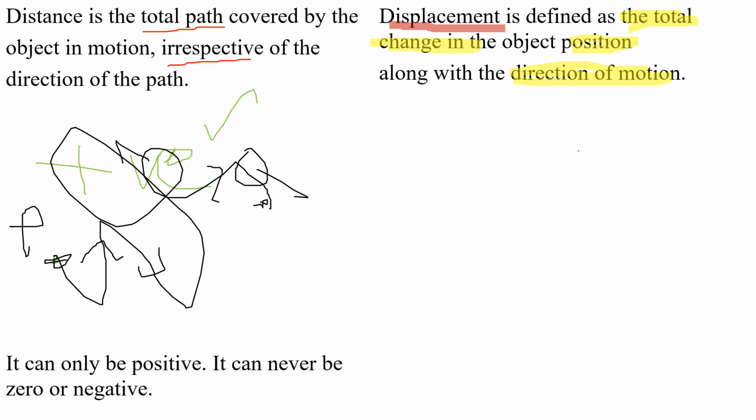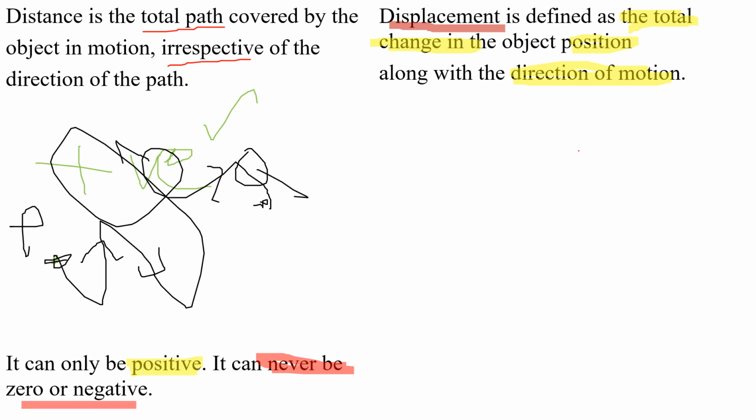So I'm moving a distance. It has magnitude. So we can say the value is positive, but it can never be zero or negative.